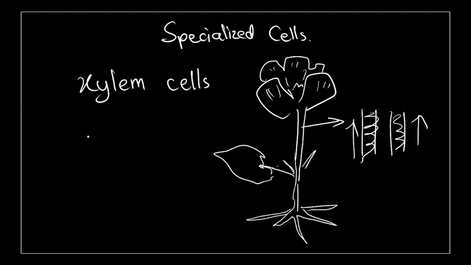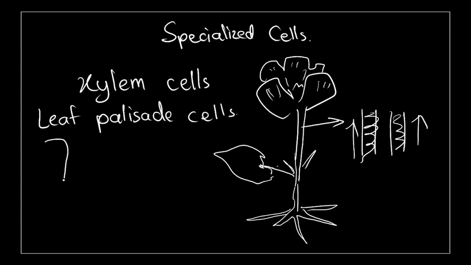So let's move on to the leaf palisade cells. They look something like this. There's the vacuole, and then there are lots of chloroplasts, I have to say. Come on, it's filled with chloroplasts. And then, of course, the cell wall, okay?